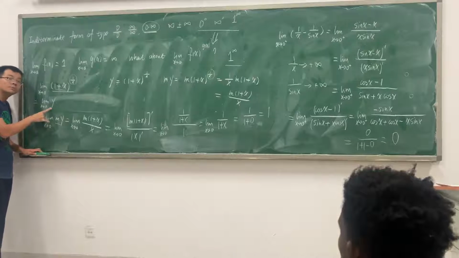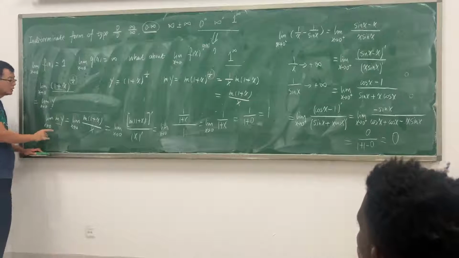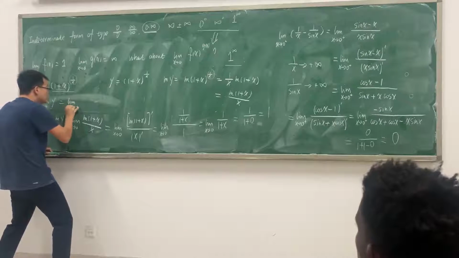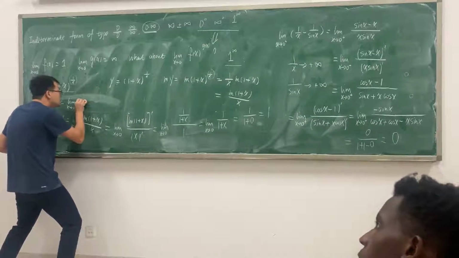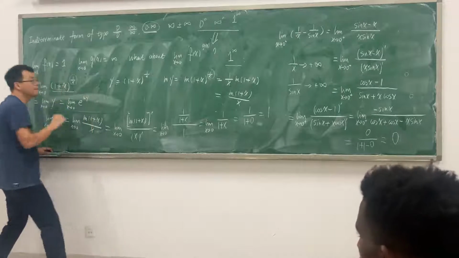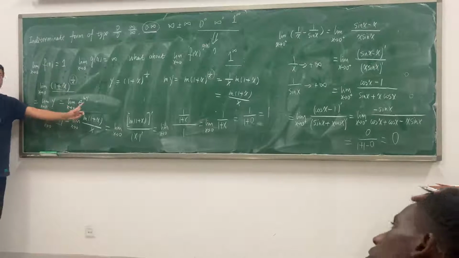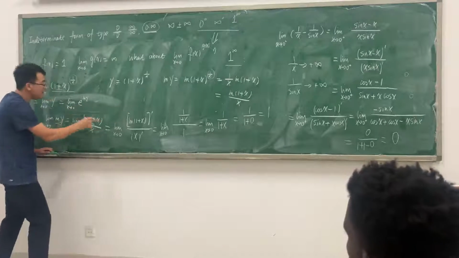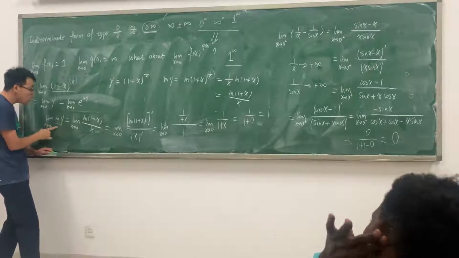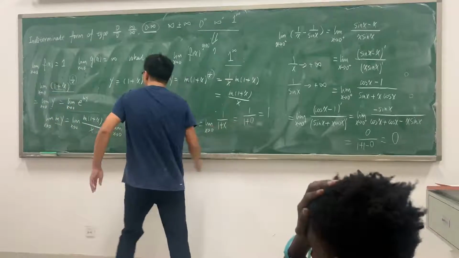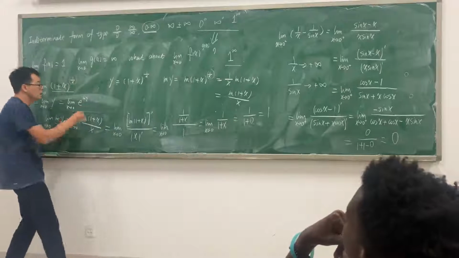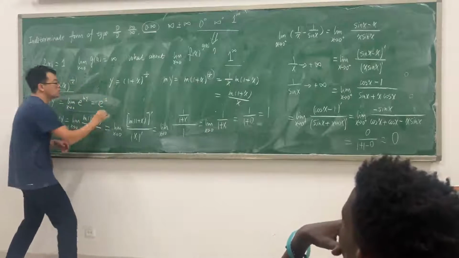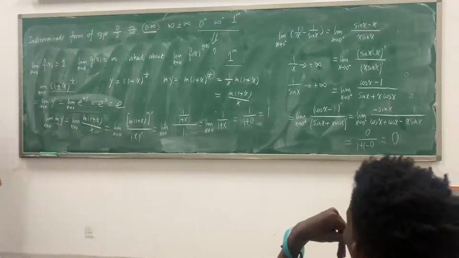We know that y equal to e to the power ln y. As x approaches 0, ln y approaches 1, so y approaches e to the 1 power, so equal to e.